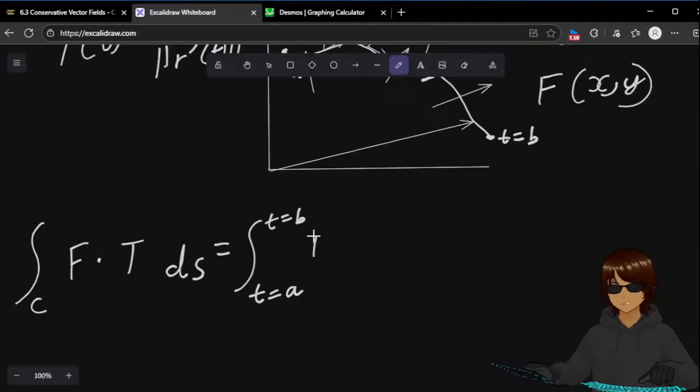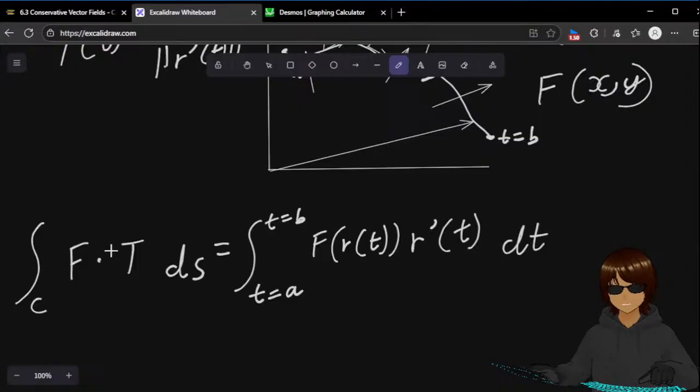So this is equal to F, the vector field at that position, dot product with r'(t) dt. So this is how we calculate it. This is a vector line integral.